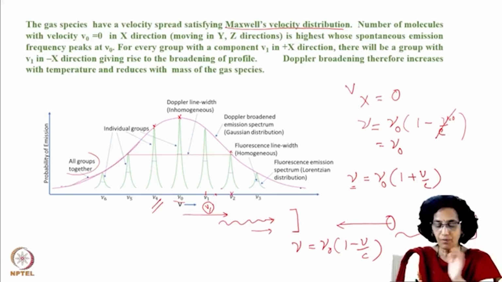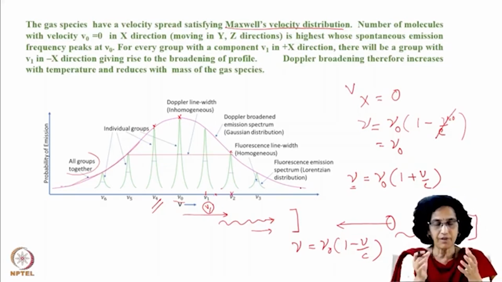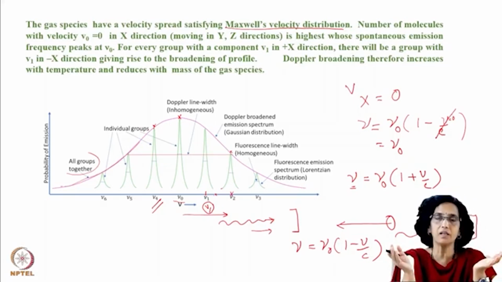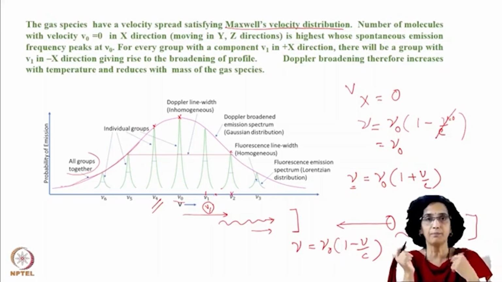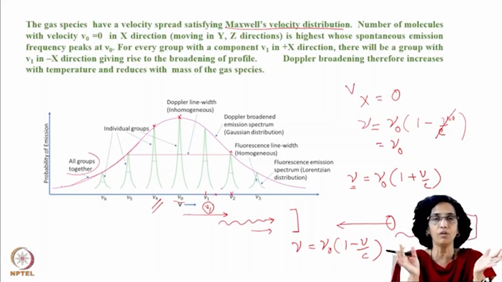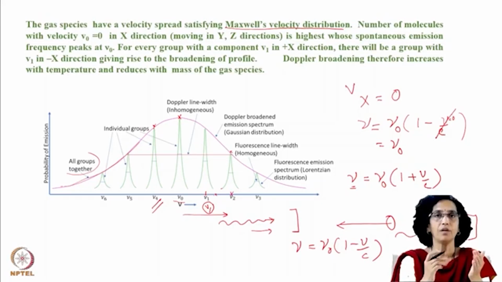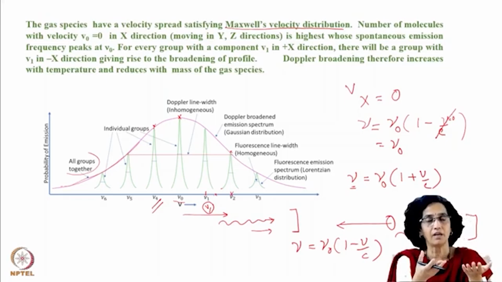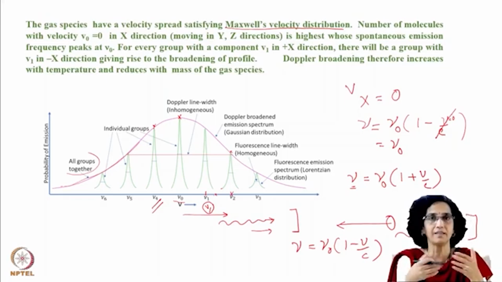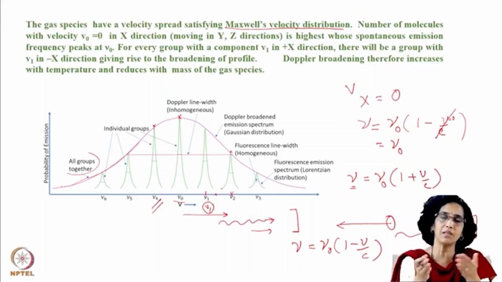Okay, so now you have understood that when you have an ensemble of molecules at a particular temperature, each group has its own velocity spectrum, so they are not identical, and therefore the fluorescence profile that they exhibit is also not similar to each other.